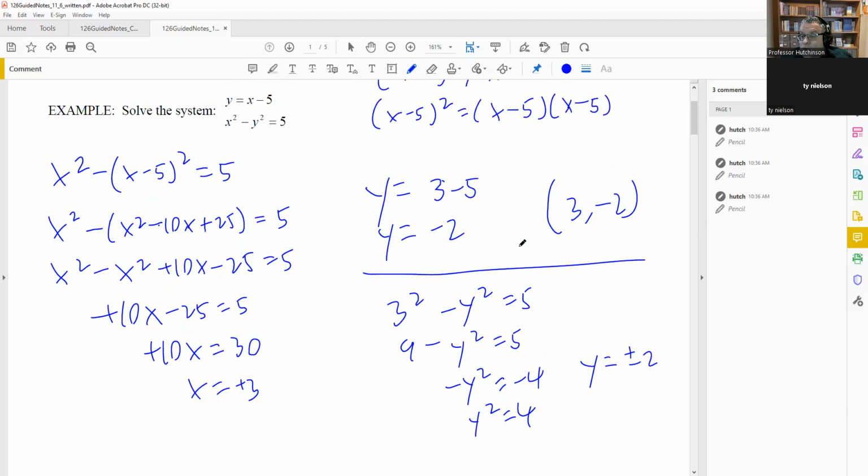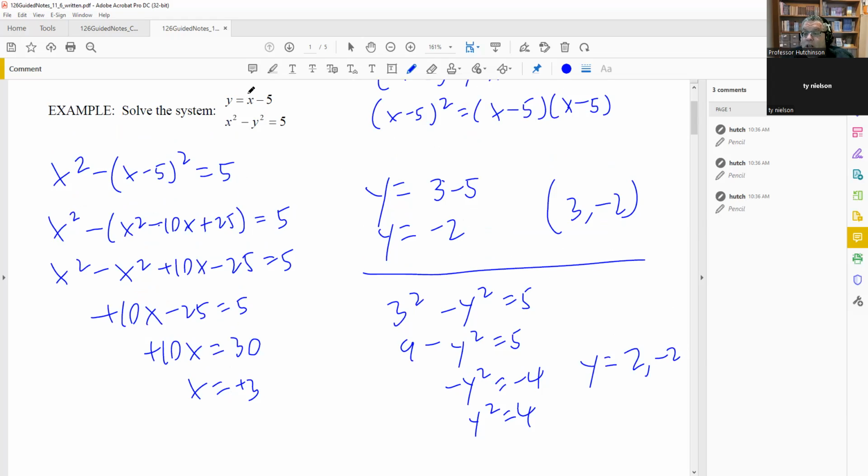If you get two answers, you have to check your answer to make sure it works with both equations. So I got 2 and -2. Well, if I put 2 in there for the y, that means I need to get 3 for the answer for x.